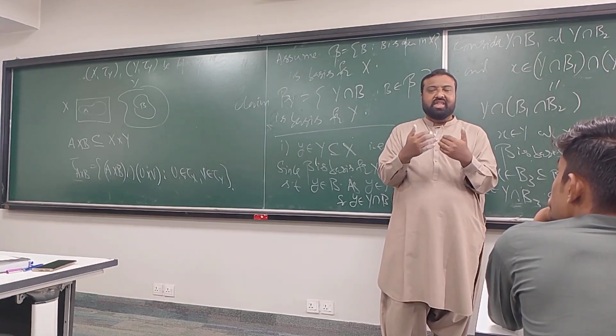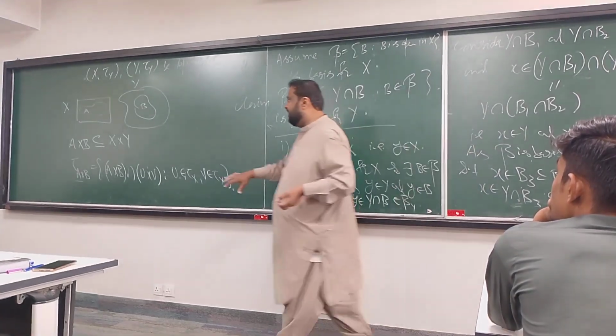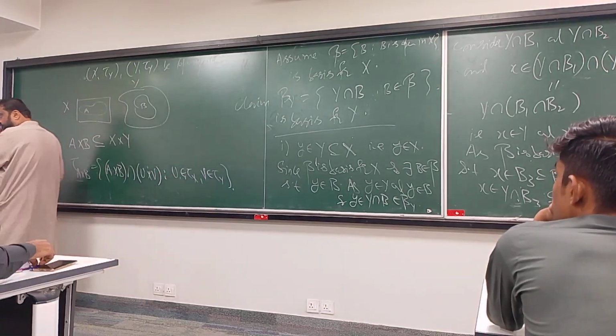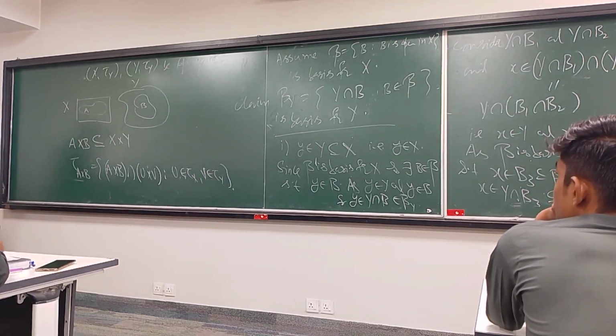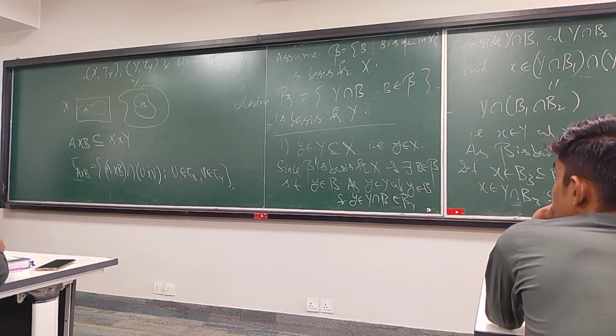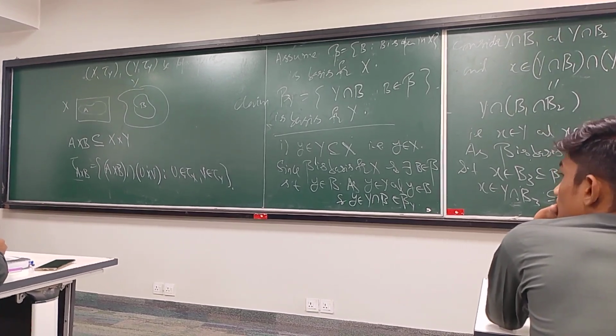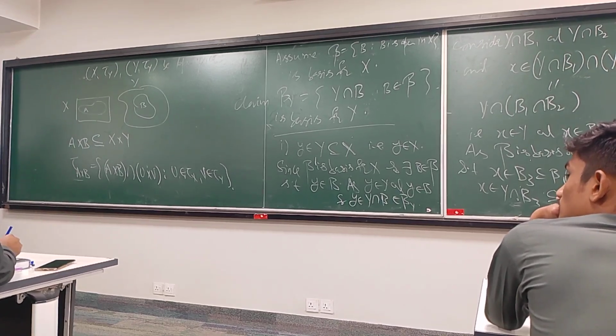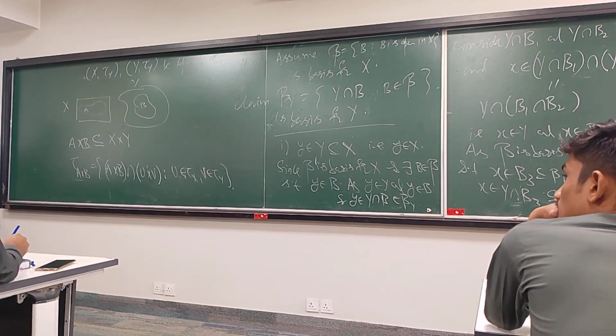It's kind of inheriting. So like this is inheriting a topology from X cross Y. Do you see something odd here?